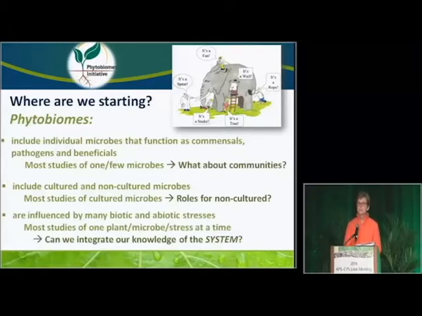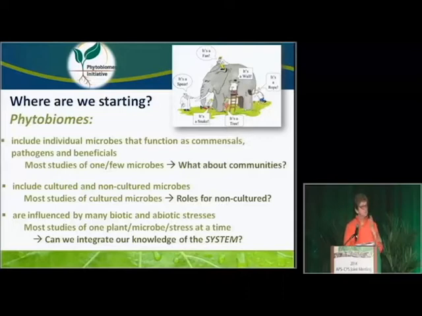We're also interested in how the whole system works. Before, we've looked at how a microbe causes a disease, or a microbe benefits a plant by acting as a biocontrol agent. But those organisms function together, the plant and the microbes, differently under different environmental stresses.